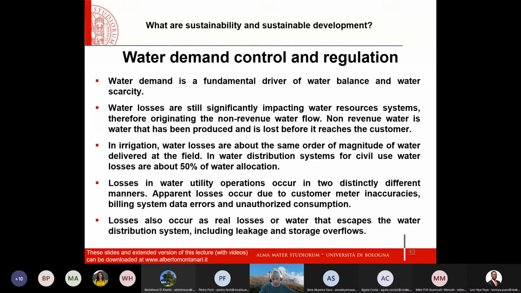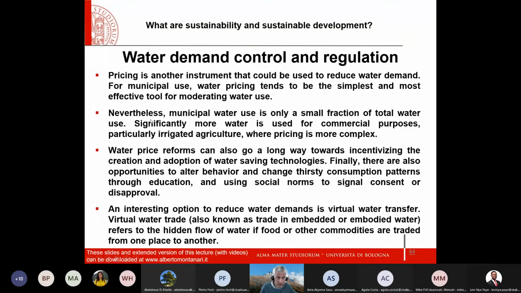Now, controlling losses is in fact recognized as one very promising solution for reducing the mismatch between demand and supply. And also there is the demand control. The demand control, which is a different thing with respect to losses, means that you are trying to reduce the demand for water by families, by people.